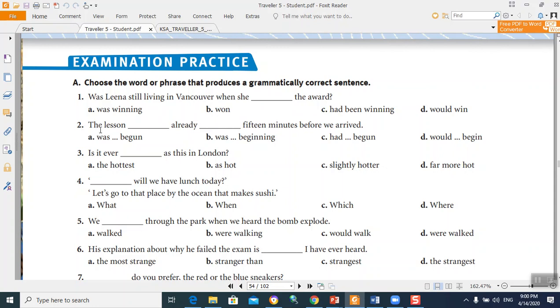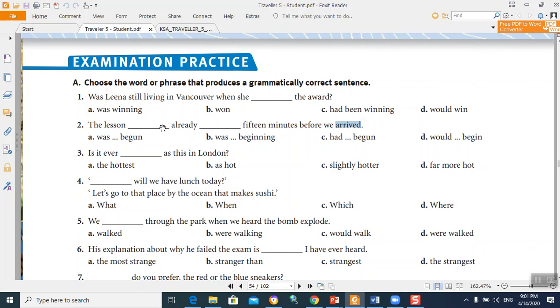Number 2. The lesson already 15 minutes before we arrived. So we have 2 words. We are going to choose one of these answers. Okay. What is the key word here? If you notice, here we have the word before and a verb in the past simple.